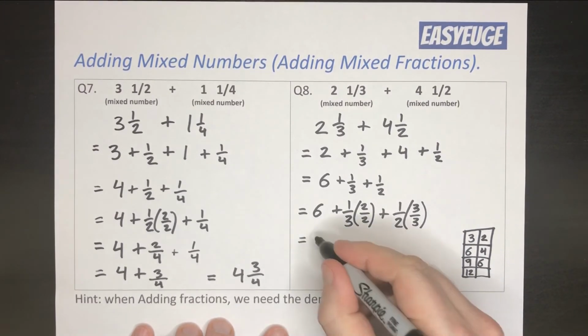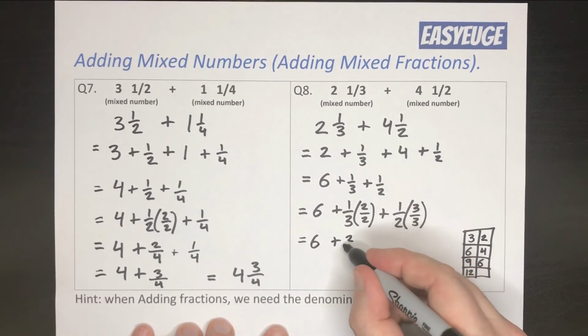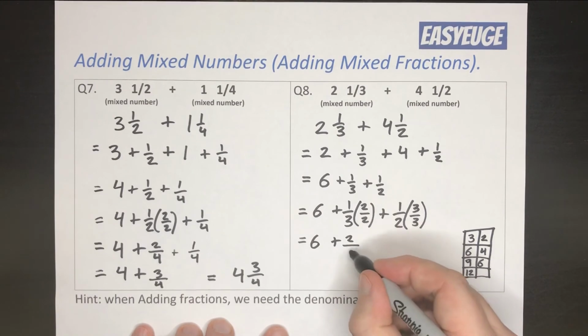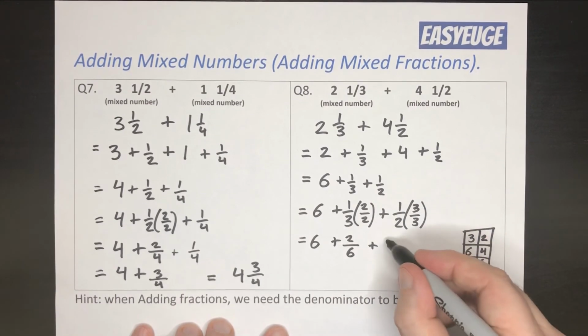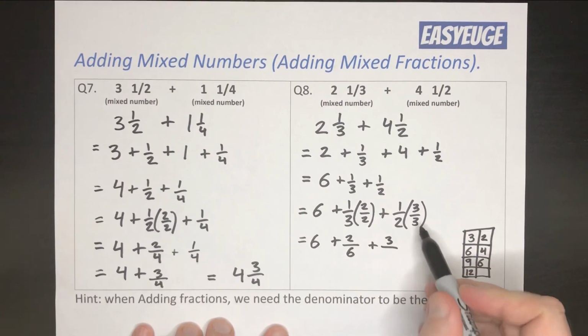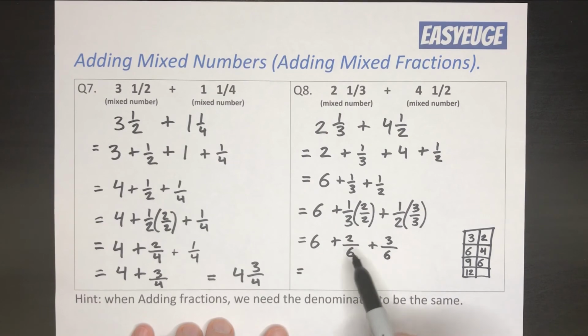So we're not actually changing the value of the fractions. Let's rewrite that. 6 plus 1 by 2 is 2, 3 by 2 is 6. Let's add on 1 by 3 is 3, 2 by 3 is 6. Now we can simply add the fractions because the denominators are the same.